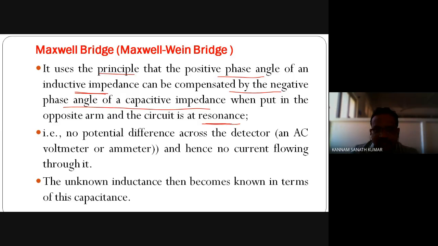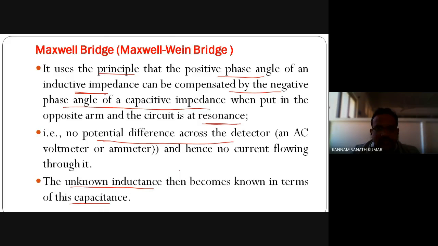When there is no potential difference across the detector, there will be no current flowing in the galvanometer, and we say the bridge is in balanced condition. Then we can find the unknown inductance in terms of capacitance.